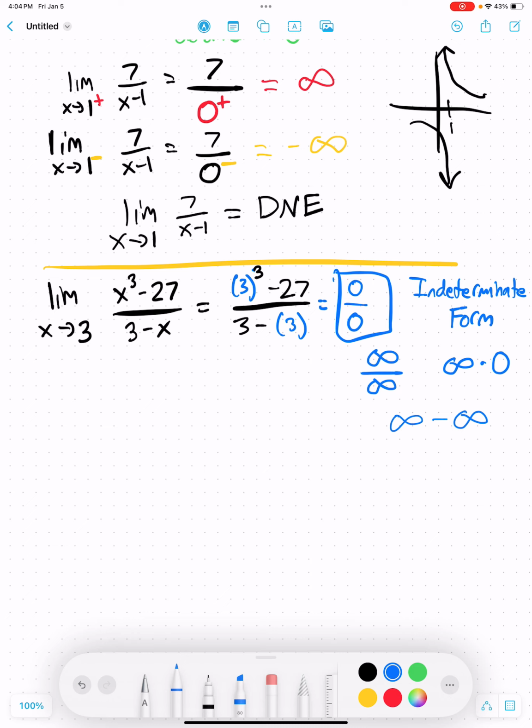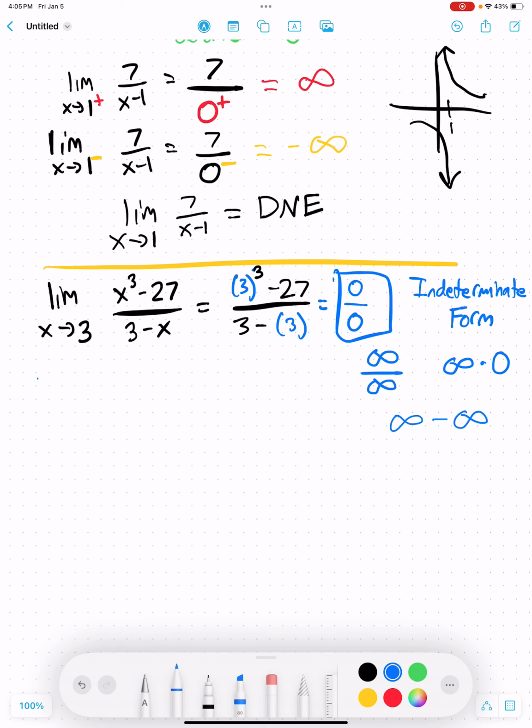So like I said, that doesn't mean I can't solve this. That just means I have to do a little bit of algebraic manipulation in order to get it to a point where it is conclusive. Okay, so let's go back to my original limit. Is there some way I can algebraically manipulate this to simplify it a little bit?